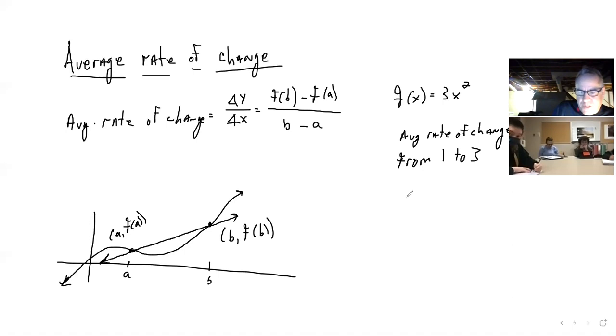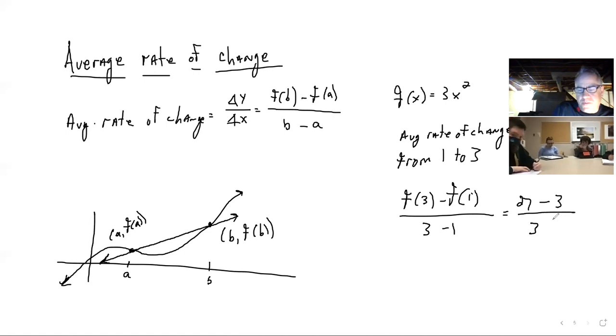The average rate of change would be f of 3 minus f of 1 all over 3 minus 1. f of 3 gives me 27, f of 1 gives me 3, and the bottom is still 3 minus 1. That's 24 on top and 2 on the bottom, so the average rate of change from x is 1 to 3 is 12.